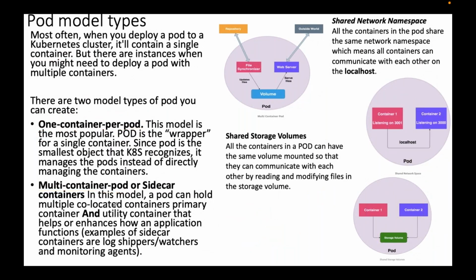You have a main container which is doing some functionality, and it requires a helping hand, some kind of enhanced functionality. Instead of writing that enhancement in the same code, I can have a separate code, a separate container.